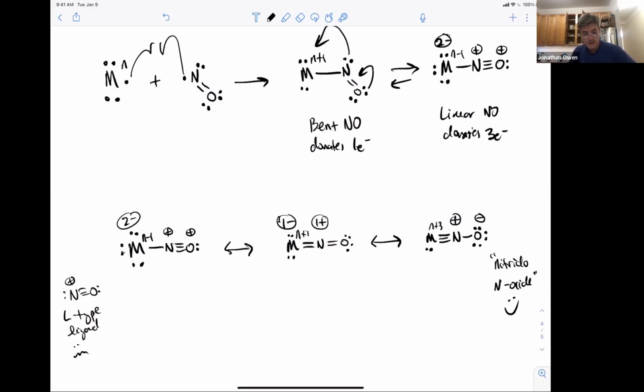Let's talk about this structure on the right and count the number of X-type interactions, maybe that's a way to say it. So, what I see, how do we do this? How do I talk about it?